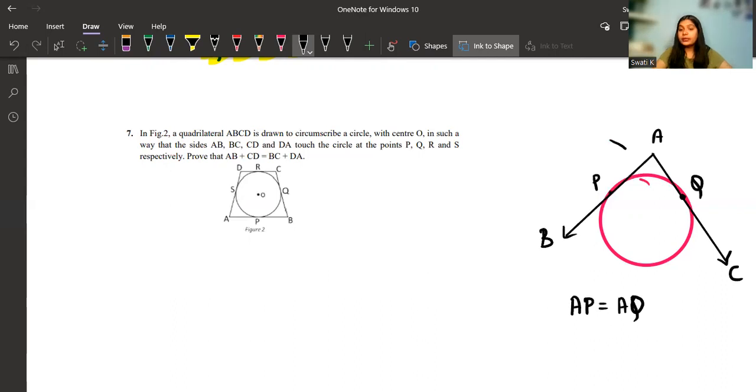This is a theorem: whenever we have tangents drawn from an exterior point to a circle, they are basically equal in length.